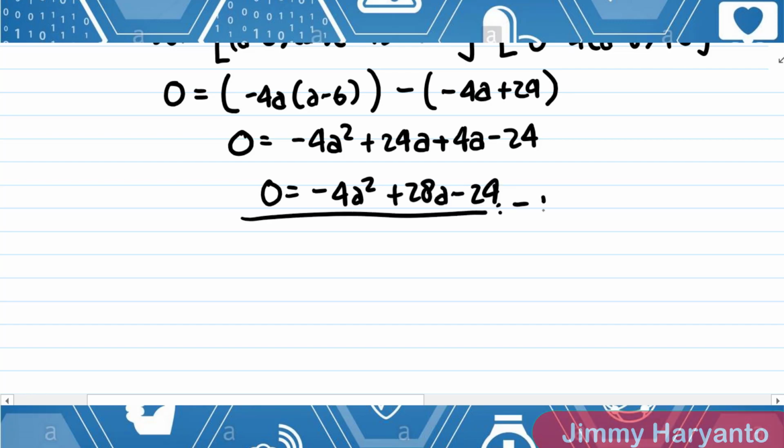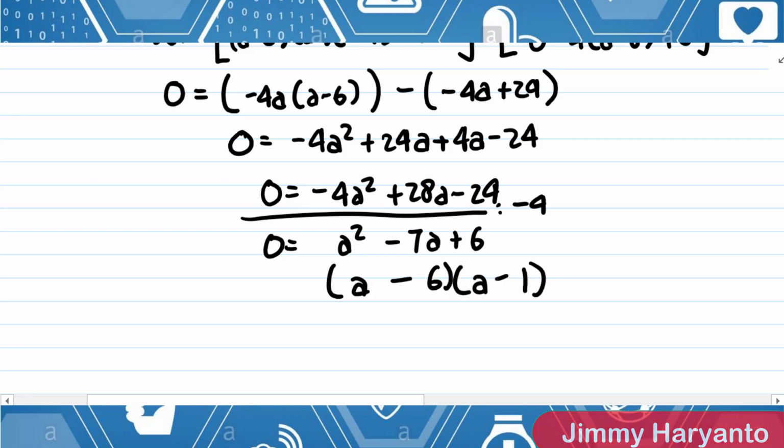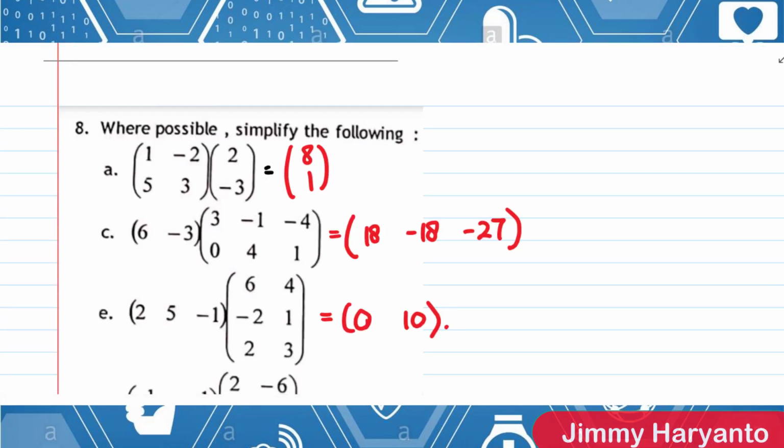We can divide them by negative 4. A squared minus 7a plus 6. Therefore we will get a minus 6 and a minus 1, so a equals to 6 and a equals to 1.